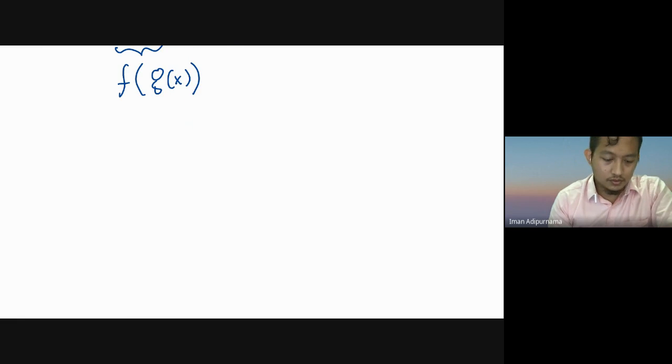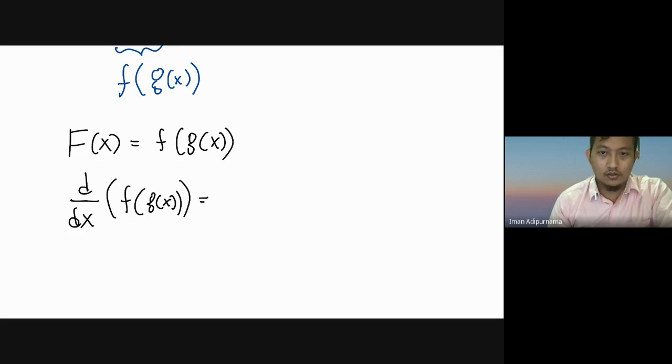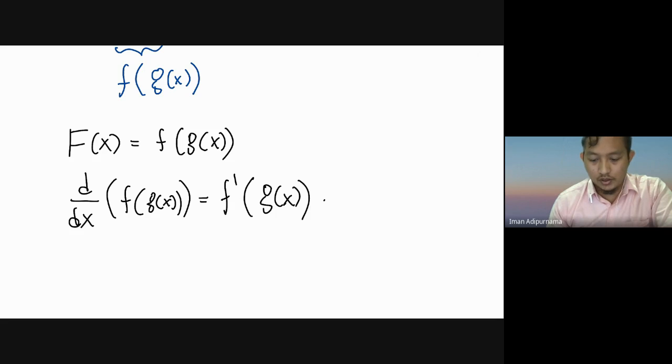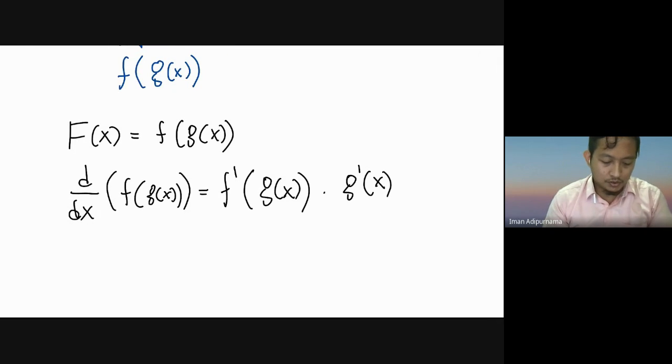So if the big F is f with g inside f, then its derivative will be f prime of g of x, multiplied by g prime of x. Let me write some notes here.